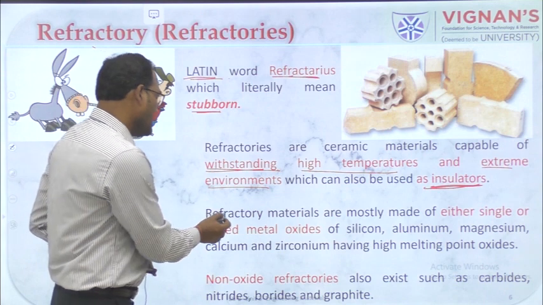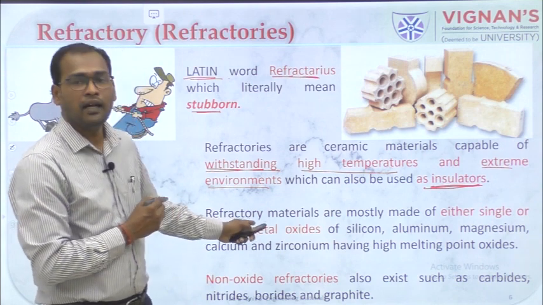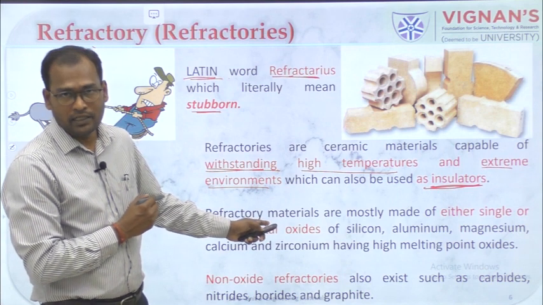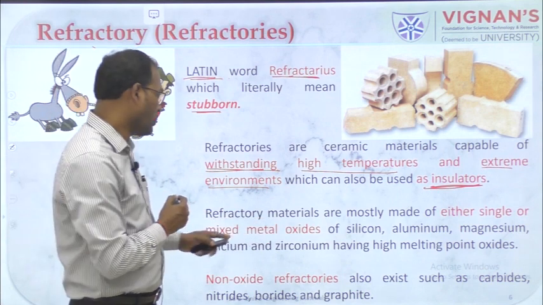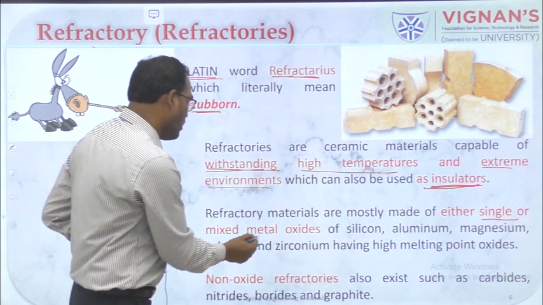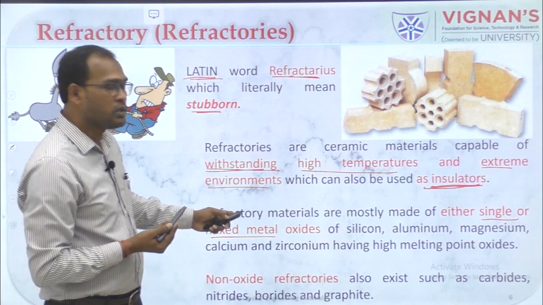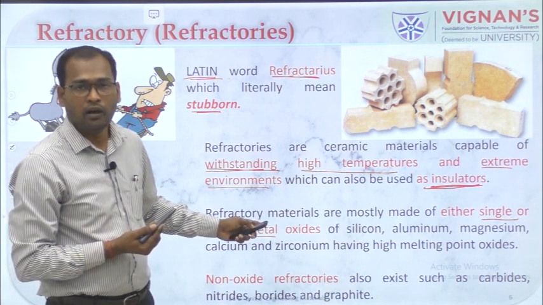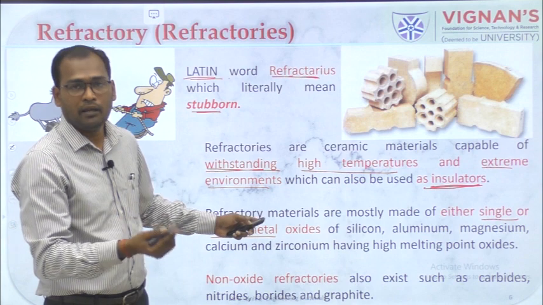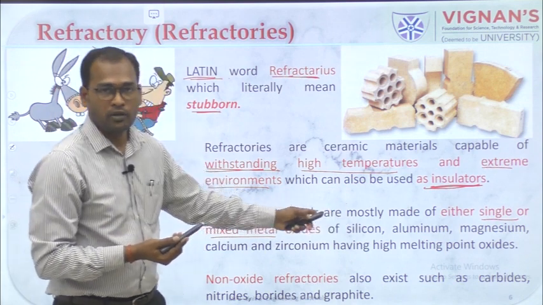As I said in the introduction, refractory materials are mostly oxides: metal oxides, non-metal oxides, and they can be a single oxide or a multiple oxide or a mixed metal oxide. Mostly non-metallic material will be used.